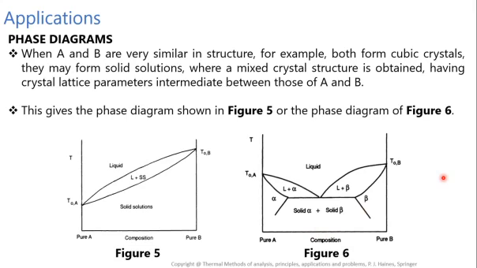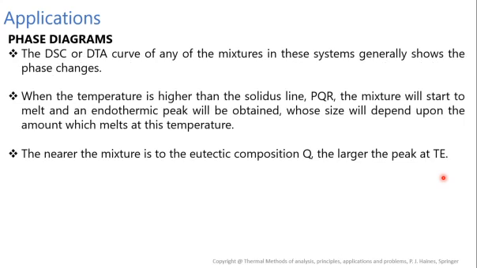The DTA and DSC curve of any mixture in these systems generally shows phase changes. When the temperature is higher than the solid line PQR, the mixture will start to melt and an endothermic peak will be obtained, whose size depends upon the amount which melts at this temperature. The nearer the mixture is to the eutectic composition Q, the larger is the peak at TE, the eutectic temperature.